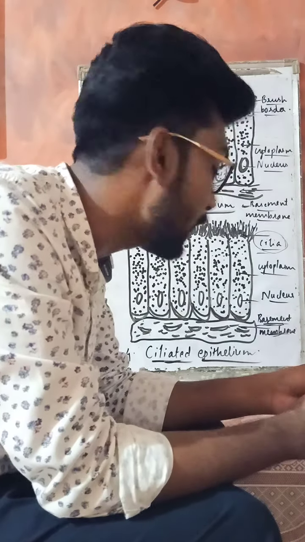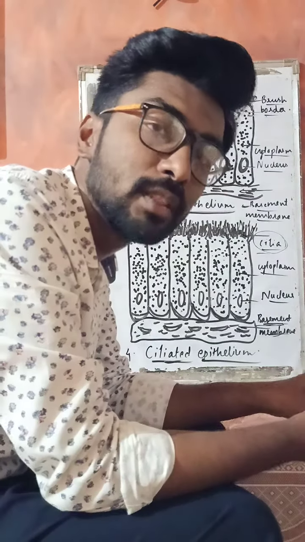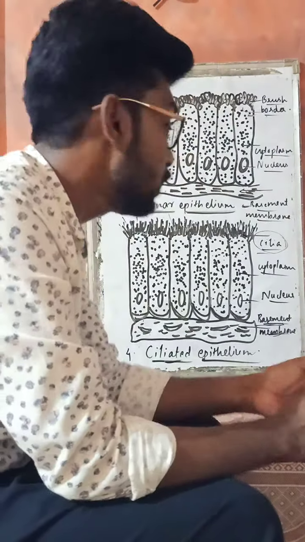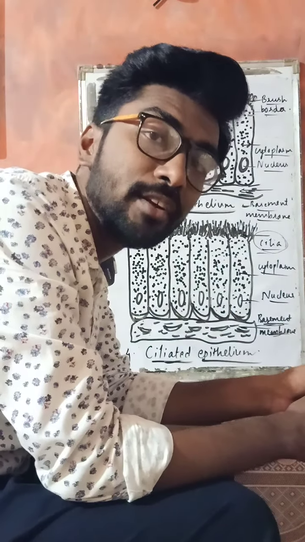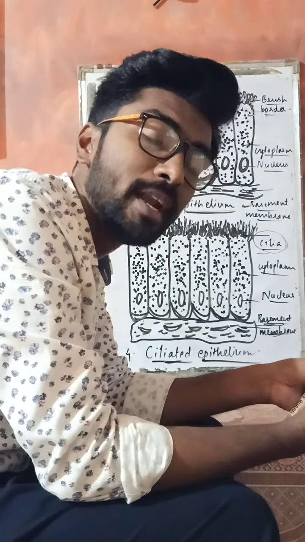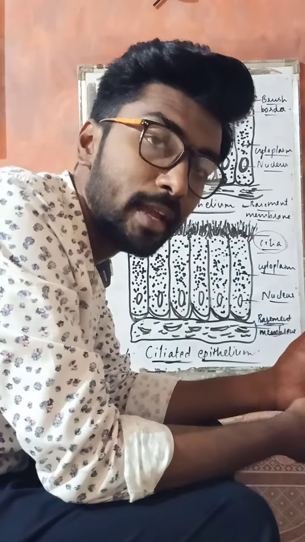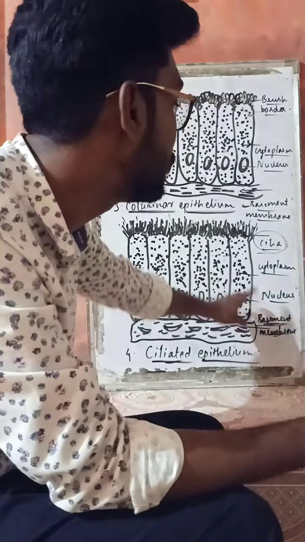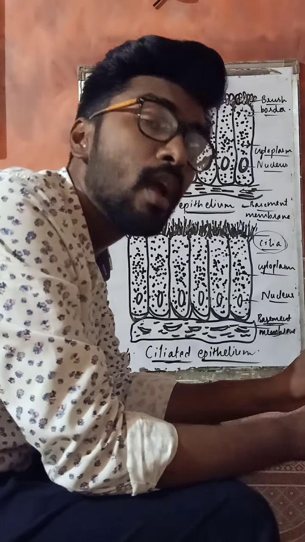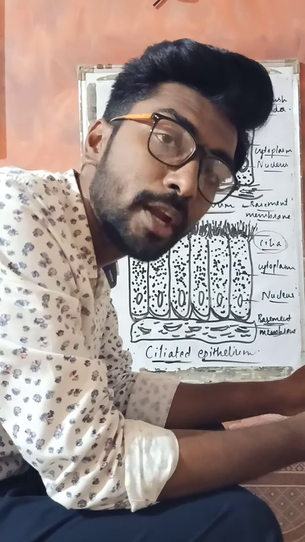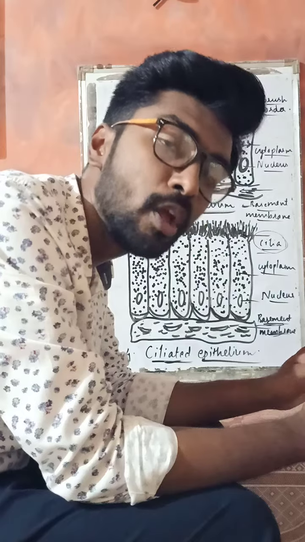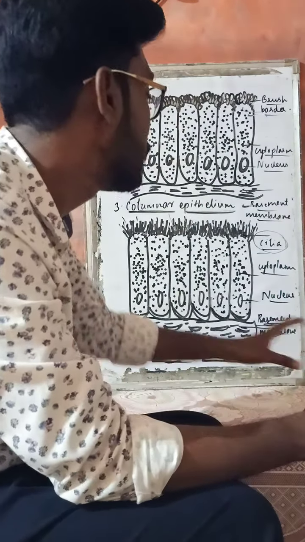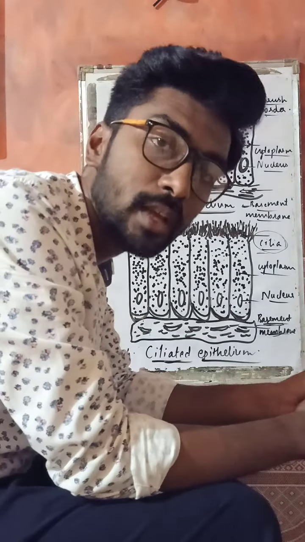Ciliated epithelium plays an important role in removing the dust particles entering through the air, right? So whenever dust particles enter through the air into the trachea, they are expelled out, thrown out. That is done with the help of the cilia. And also cilia plays an important role to propel the ovum or the egg from the fallopian tube to the uterus. That is the function of ciliated epithelial tissue.